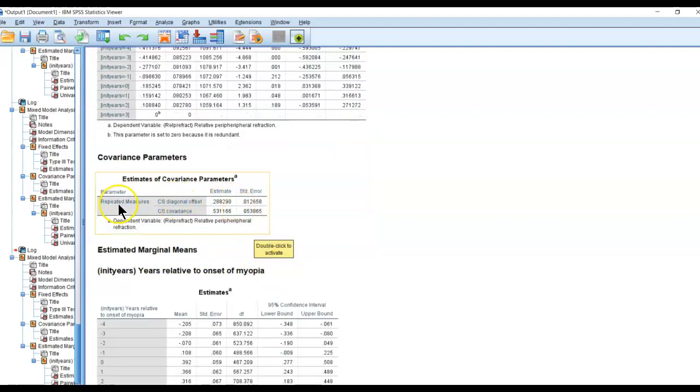We have next our estimate of covariance. Now, this is an important number, this estimate of CS diagonal offset. The square root of that number is the pooled standard deviation of all the data. So this is a useful number when we go to compute effect size and confidence intervals.